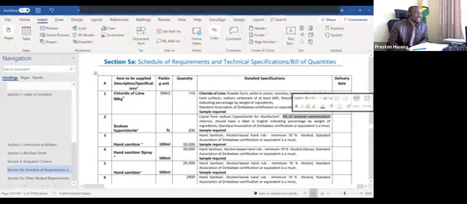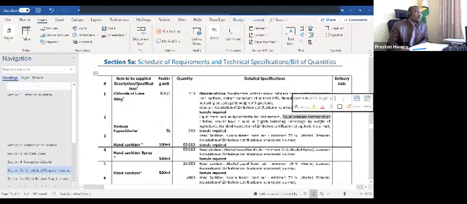If you are a manufacturer of this product, I think you know more than me what this means. Then we are also saying labels should be in English, indicating percentage by weight of the ingredients. So please take note of these detailed specifications. Then when you complete this, you are also indicating your possible delivery date.